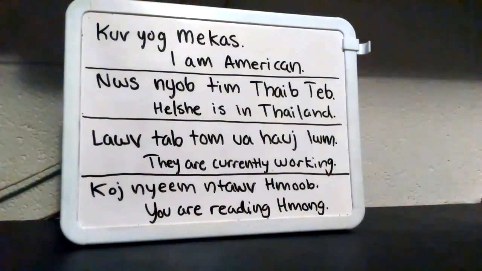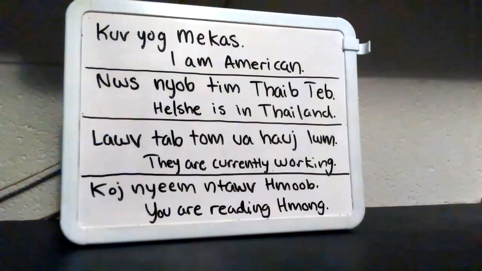But anyways, this one just shows that the sentence structure is I am American. Subject, verb, predicate. I is the subject, am is the verb, American is the predicate, the rest of the sentence. So you see that it's extremely simple, and just like English pretty much, except there's no conjugation. Check it out.